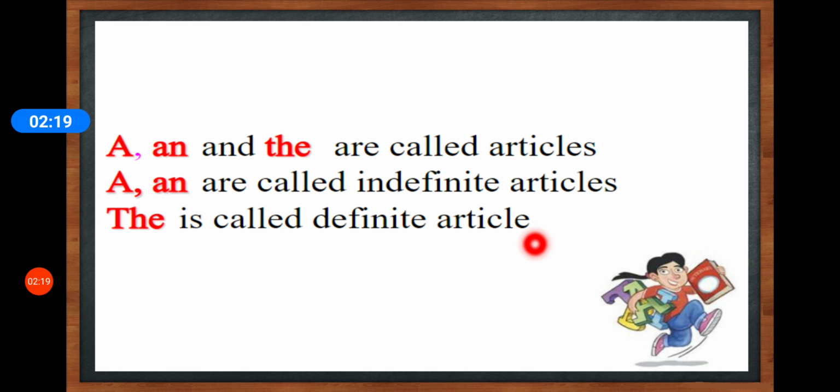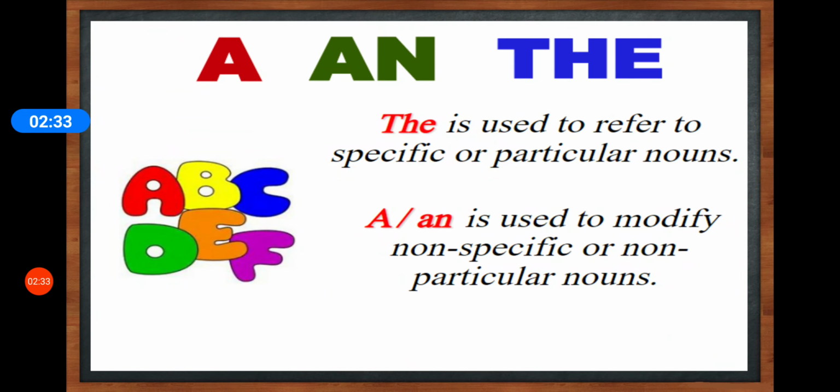Yes, as I told you, we will be learning more about articles. So, a and an are indefinite articles and the is the definite article. And why we do that? Why are a and an indefinite articles? Let's learn about that.